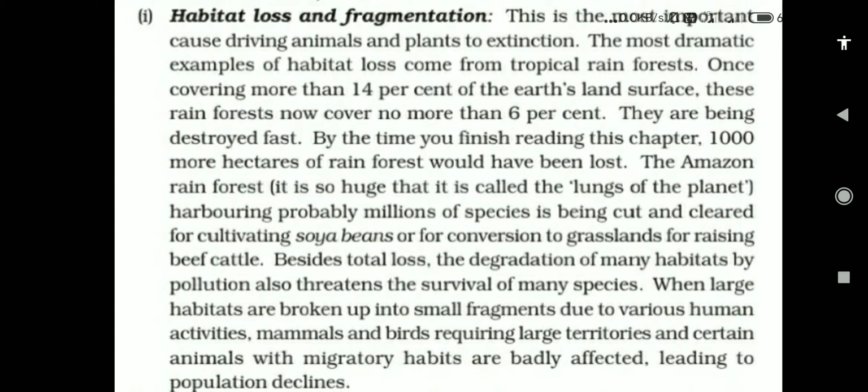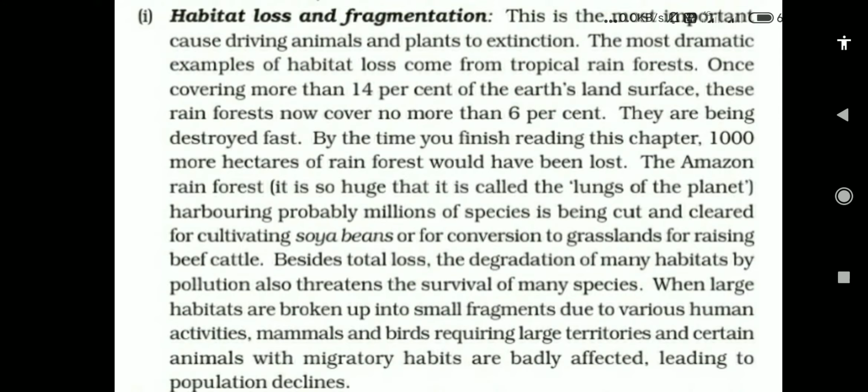The second example is the Amazon Valley, which we call the Amazon rainforest, and it is said to be the lungs of the planet. But millions of species of plants and animals are being cut and cleared for cultivating soya bean.